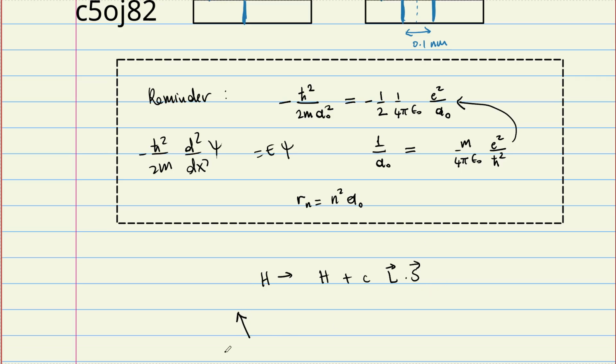Suppose you are the spin angular momentum. You are going to experience a torque due to orbital angular momentum. So your spin is going to change due to orbital angular momentum.